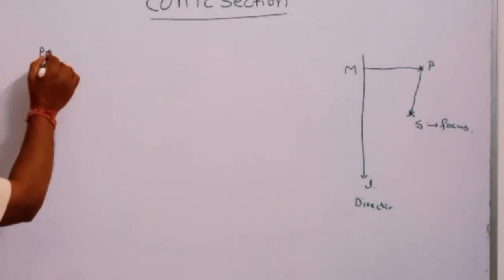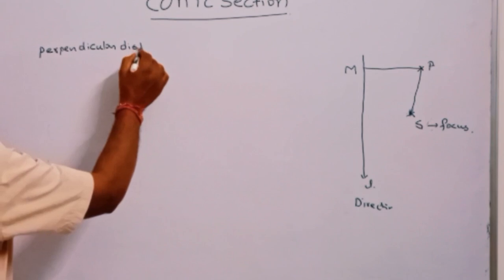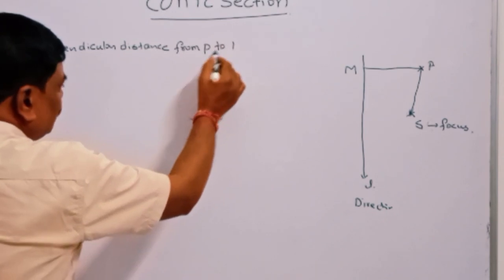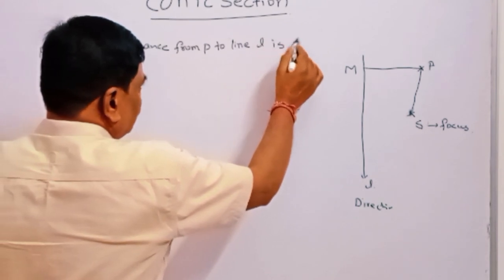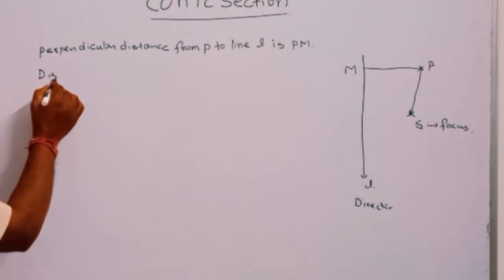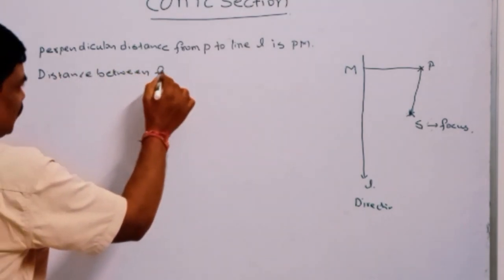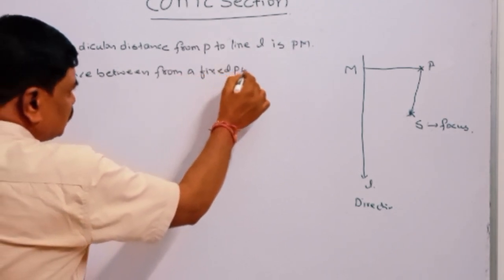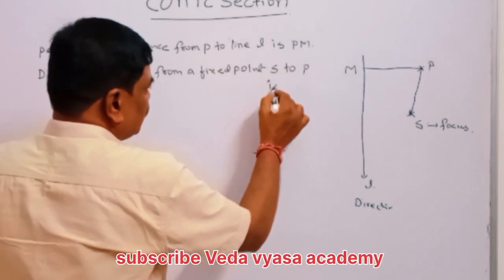The distance from the fixed point S to P is SP.